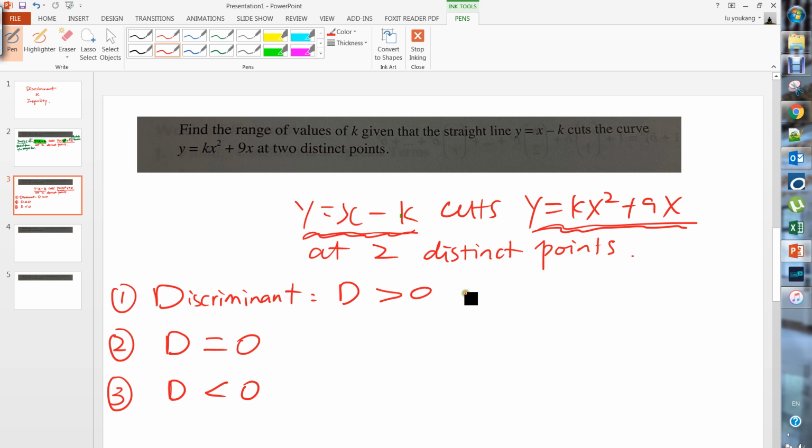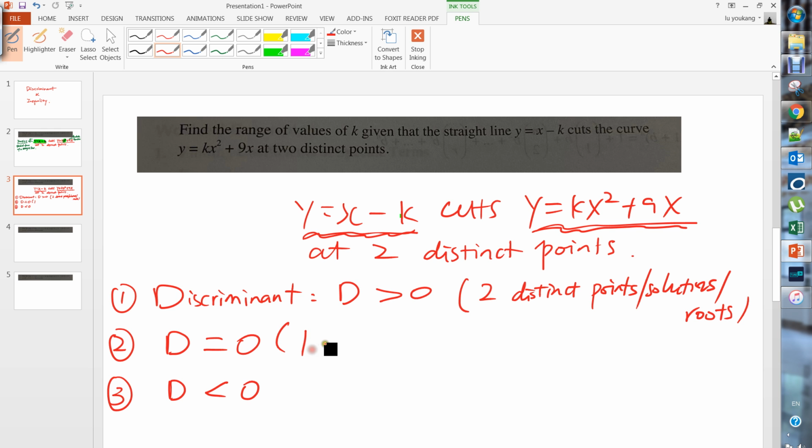What each case means is, for case 1, discriminant bigger than 0, it means we have two distinct points or solutions or roots. For D equals 0, which means discriminant is equal to 0, it means we have one point or one solution or one root.